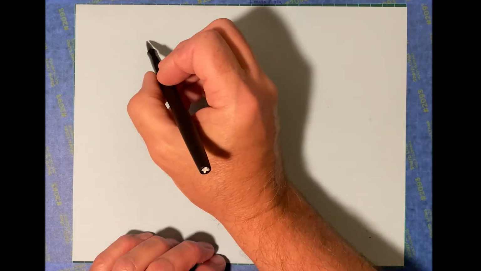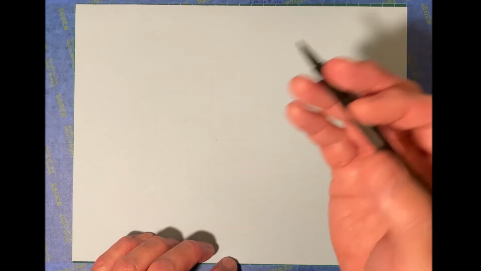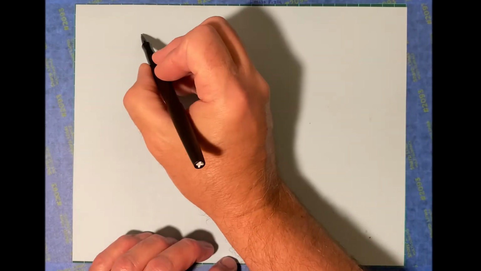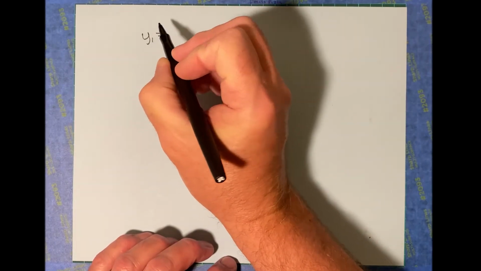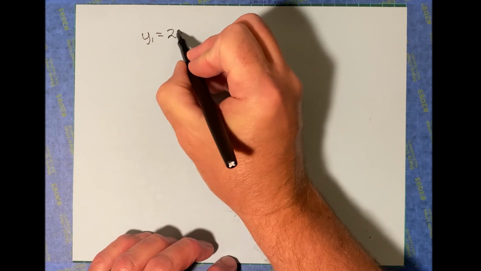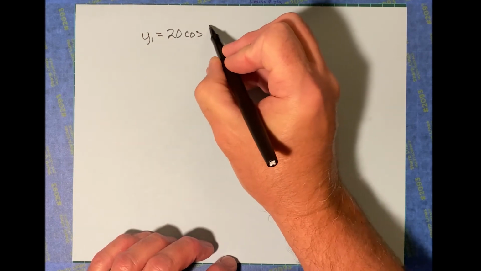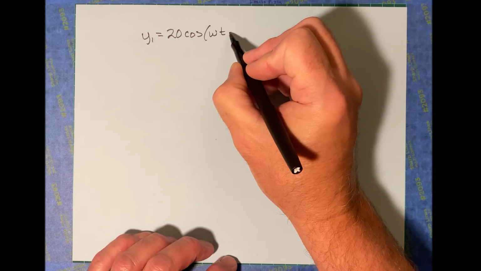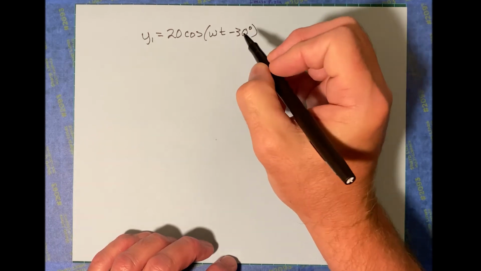So let's use phasors to do a little bit of math here. Let's say, and this is not a circuits problem, this is just in general, that I have one function, y1, that is 20 cosine omega t minus 30 degrees.